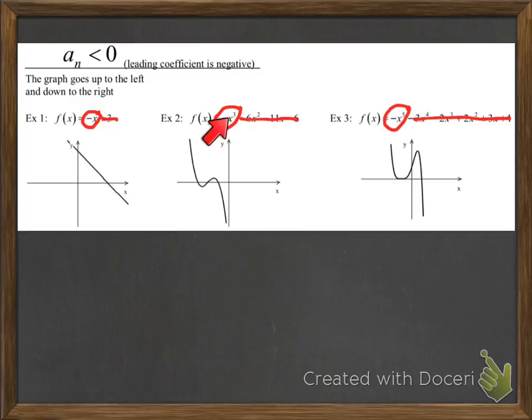This also is odd with a negative. You can see this one goes up to the left, down to the right. Odd with a negative, up to the left, down to the right. Same thing. It does not matter what happens after that leading term, it's still going to do the same thing.